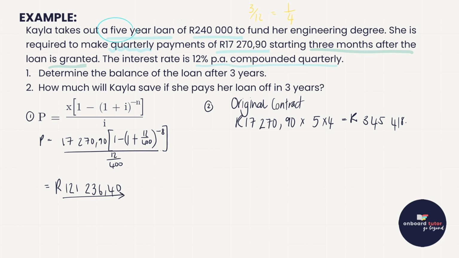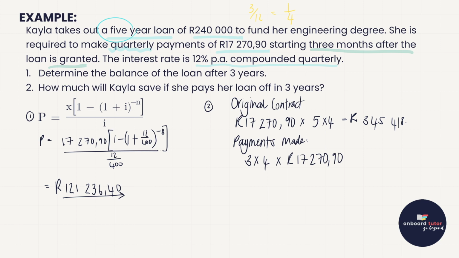Then we said, how much has already been paid? So payments made. We've paid for 3 years quarterly, 17,270 Rand and 90 cents. That's all still pretty much on my calculator. I'm just going to change that length of time there to 3 years.